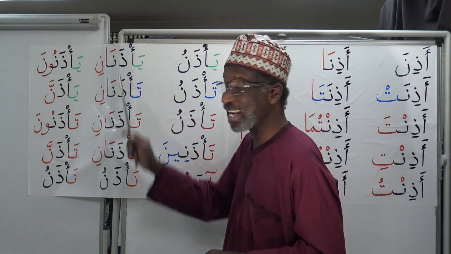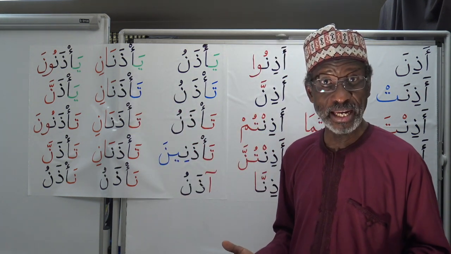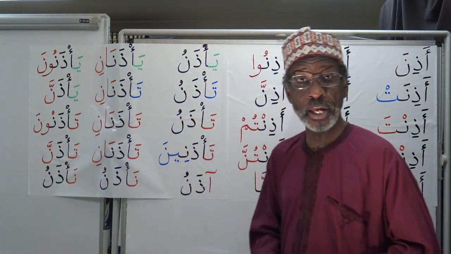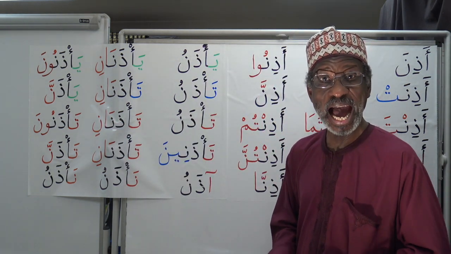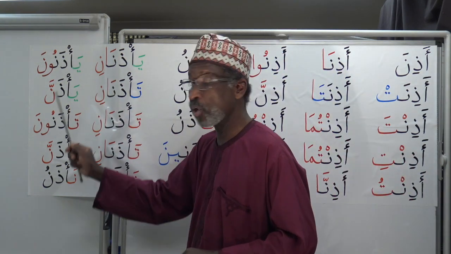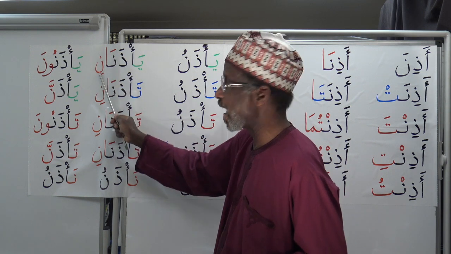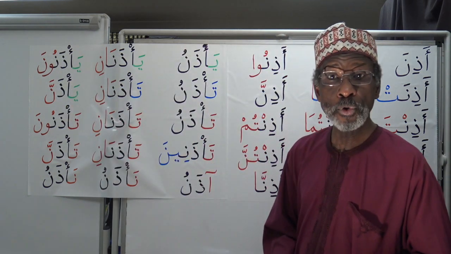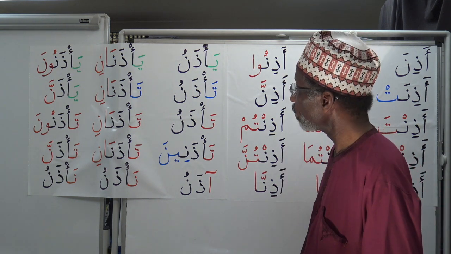Ya'dhanani, they, meaning two men, allow. And ya'dhanuna, they, three or more men, allow. So ya'dhanu, ya'dhanani, ya'dhanuna. The same pattern, ani ending for dual, and una ending for plural, masculine.